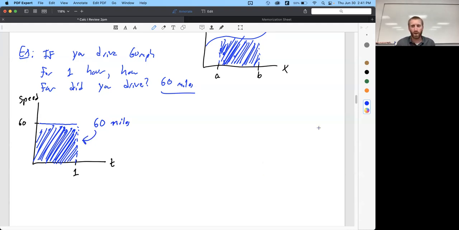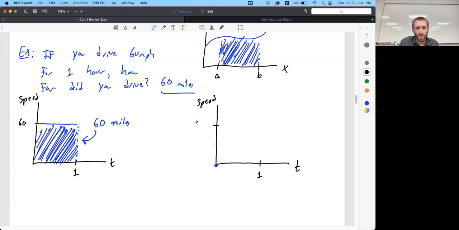And so a more difficult question is, well, what if I don't go a constant 60 miles per hour? What if I start at 0 miles per hour and then I very slowly increase my speed constantly for 1 hour until I'm at 60 miles per hour? Okay, so I still have 1 hour that I'm driving.